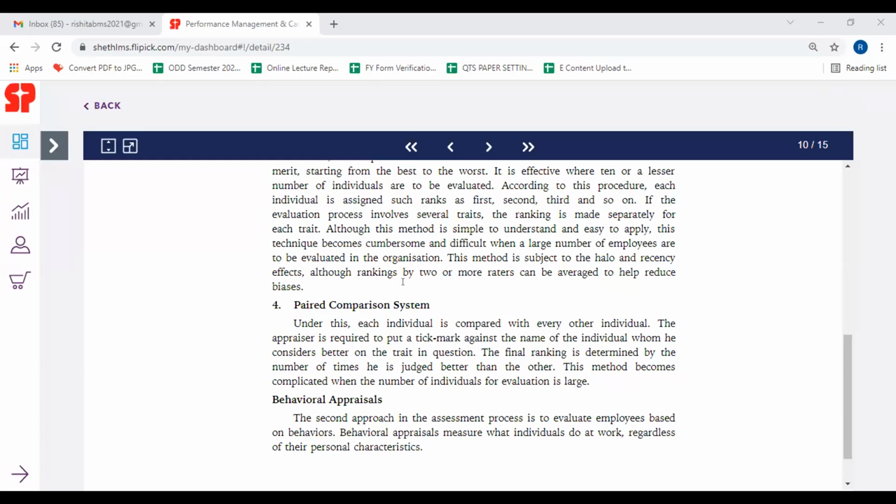Okay, now coming to employees' performance appraisal on the basis of the ranking method, I hope my screen will be visible now because मैंने laptop on किया है. Just a moment. Is the screen visible, guys? No?